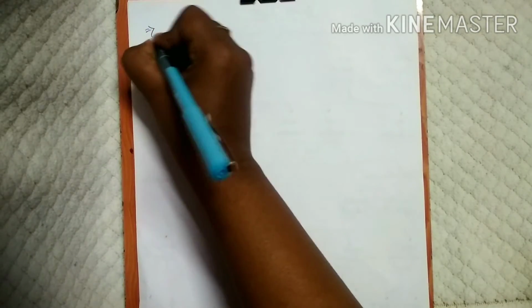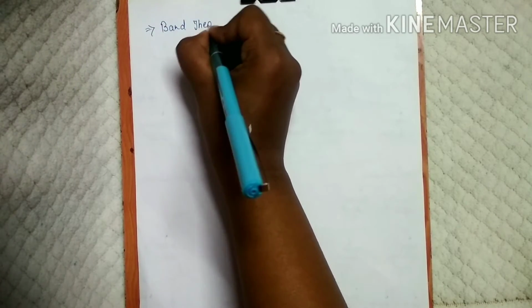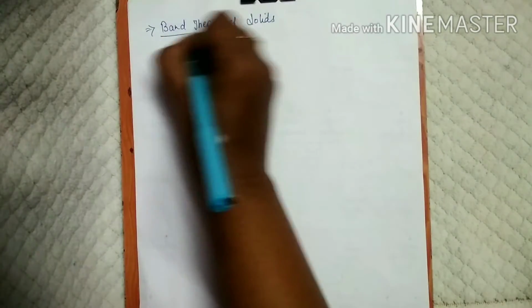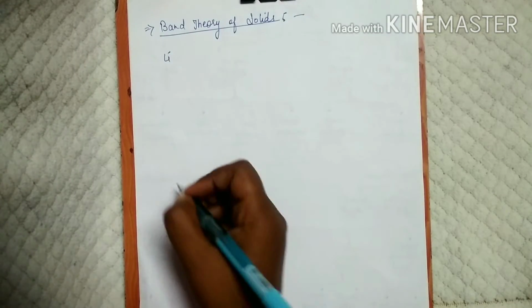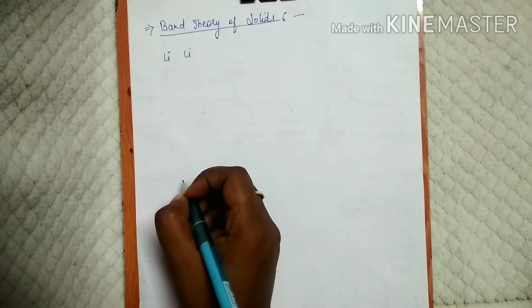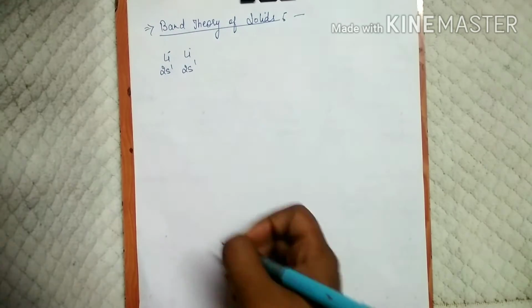So now I'm going to discuss the band theory of solids. Suppose there is one lithium atom and there is another lithium atom. They will have valence shell electronic configuration 2s1 and 2s1.